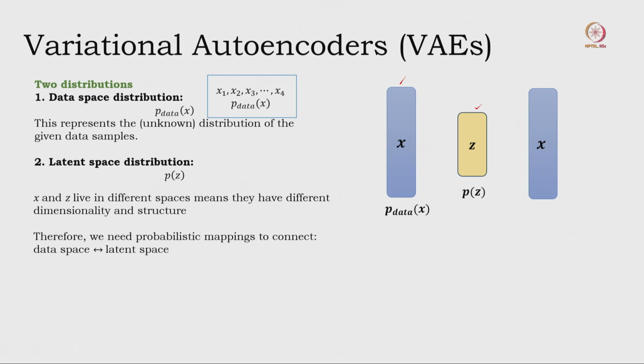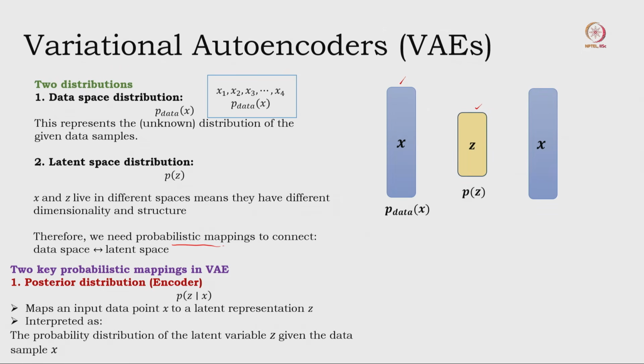We require a probabilistic mapping to connect X and Z. What is that first probabilistic mapping? You will read this as the probability distribution of the latent space Z given the input data X.